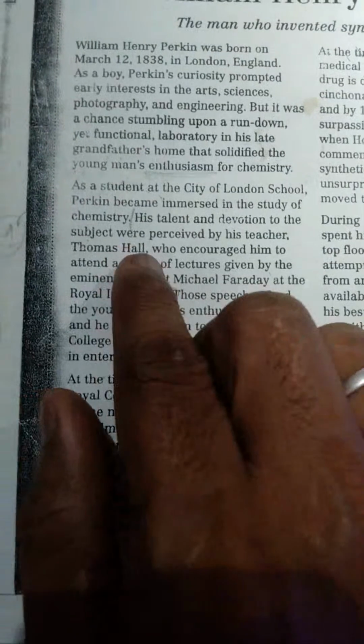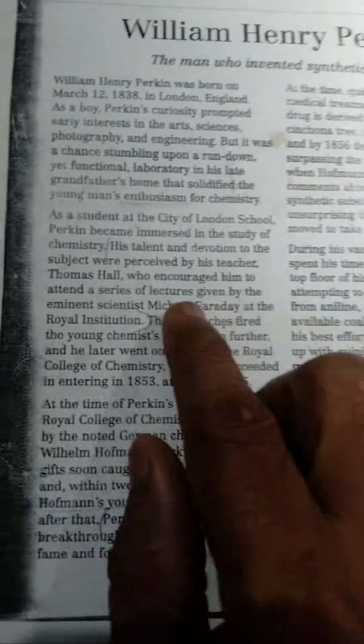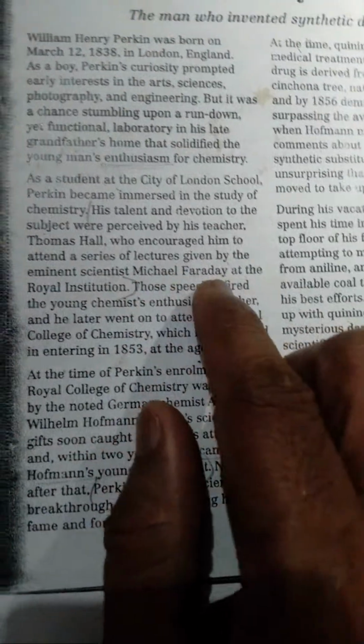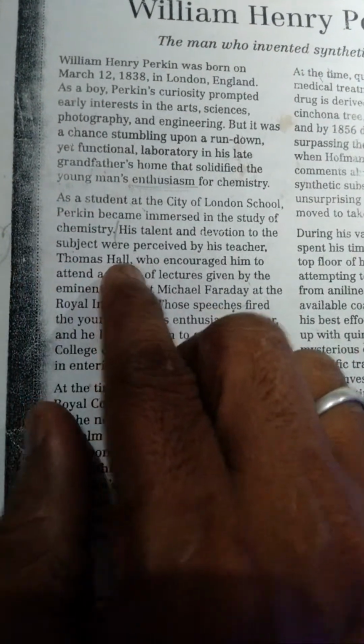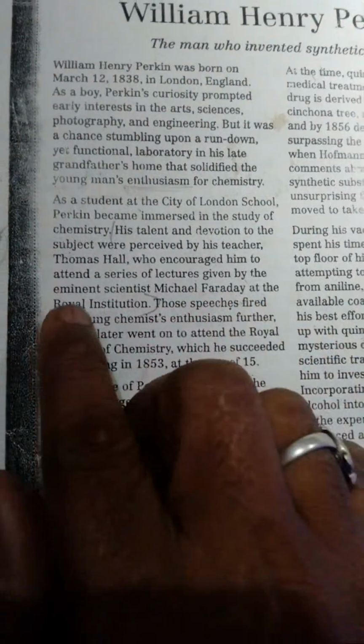It means his teacher saw his interest in chemistry. So Thomas Hall was his teacher who allowed him to attend chemistry classes, given by the eminent scientist named Michael Faraday. So Thomas Hall allowed William to get education from Michael Faraday at a place, see, the name is mentioned, Royal Institution.